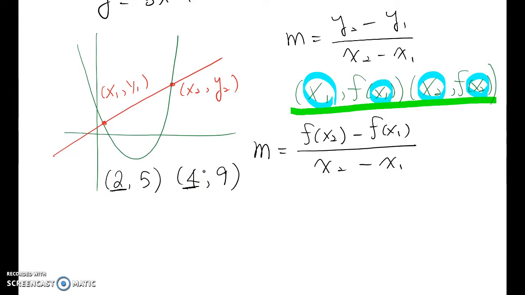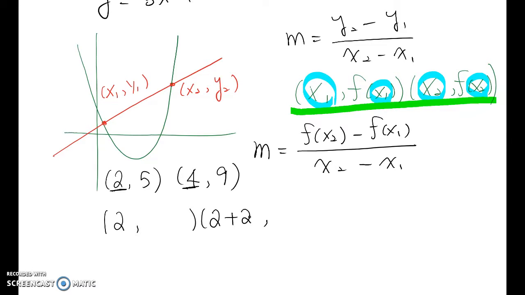Yes, it is 2, right? Then can you rewrite this one, 2 and 2 plus 2? Yeah, so 4 can be rewritten as 2 plus 2, and their interval is 2.